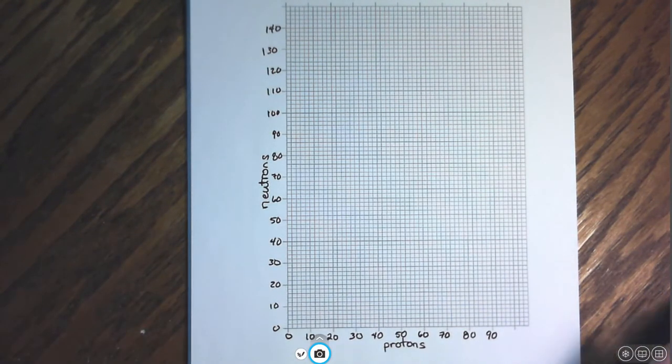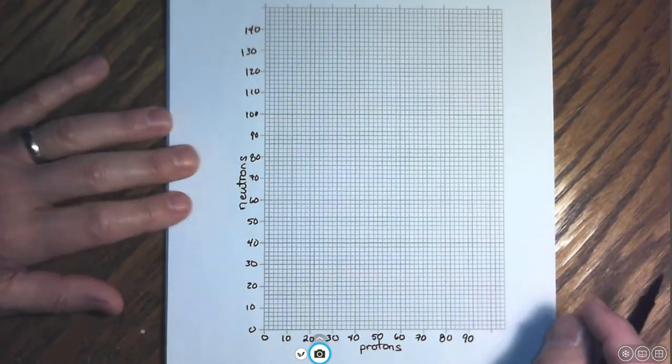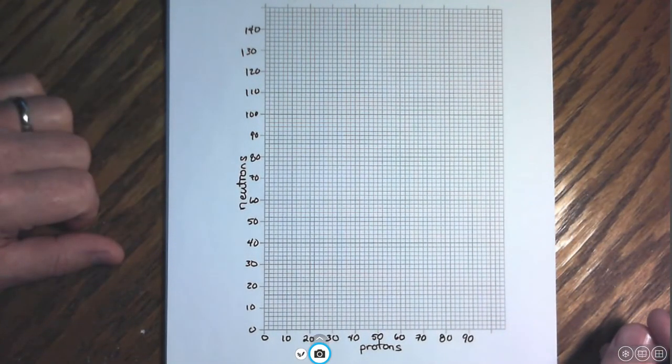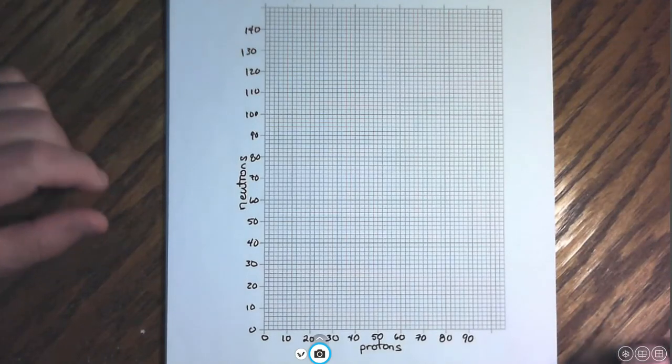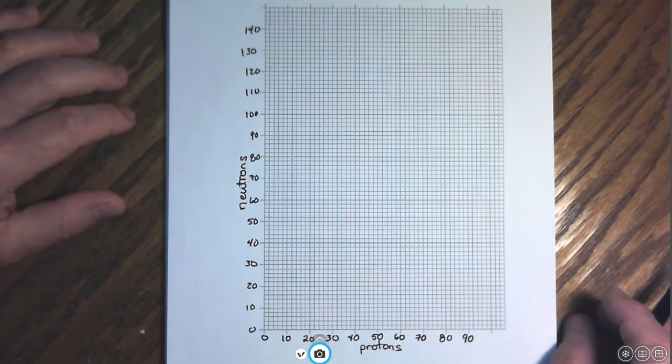Okay, so if you thought this through the way that I've asked you to, you should have a numbering system that looks like mine. Now listen. This band of stability that you're going to do is not the actual band of stability, because that would be plotting individual numbers for 118 elements.